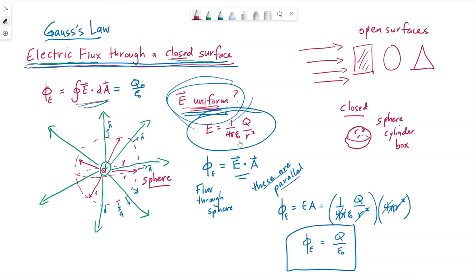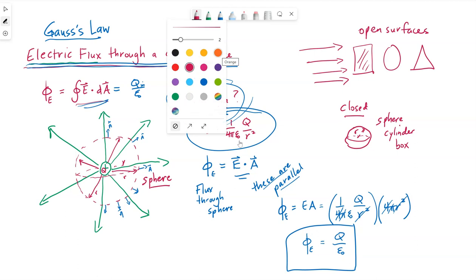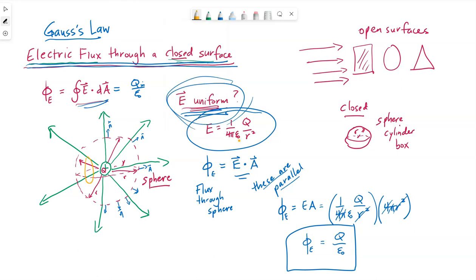But imagine for a second, let me choose another color, if I had chosen to draw, say, a cylindrical surface, still such that that charge was located inside the cylindrical surface. Now, the electric field, of course, would not be uniform as it passed through the surface. Points closer to the charge would have a stronger electric field. Points farther away would have a weaker electric field.